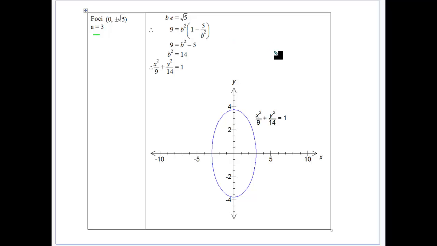So we're able to change around. What we should note as well, if we want to find the eccentricity with a major axis on the other side here, is that a's and b's swap around. So a squared equals b squared times 1 minus e squared. So the a's and b's swap around like they do with the major and minor axis before.